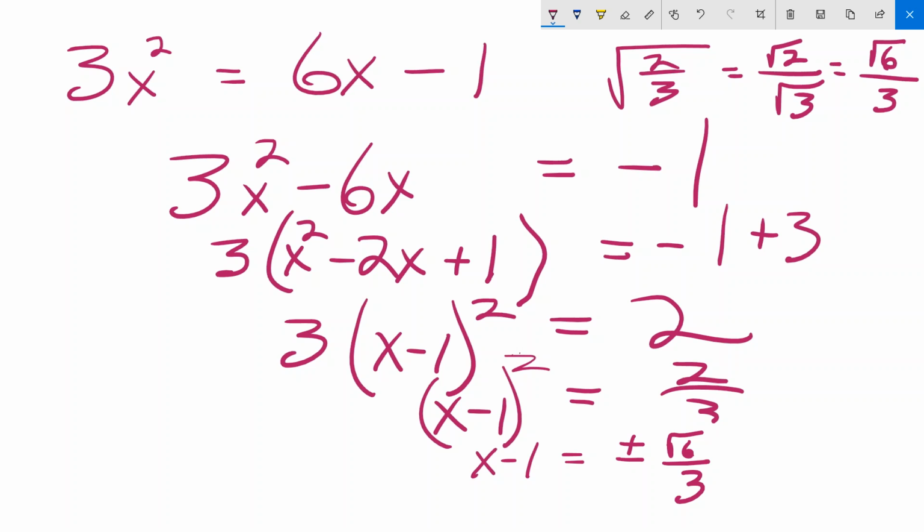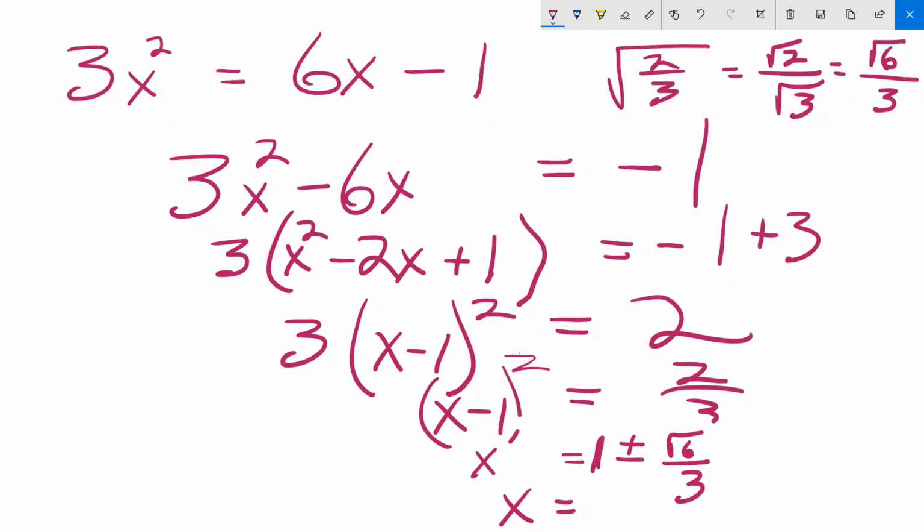Move the 1 over as a positive 1. So it would be x equals 1 plus or minus square root 6 over 3. Will your teacher accept that? I mean, I would think he would. That's the correct answer.